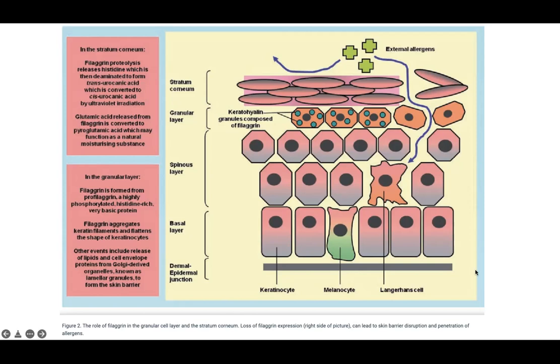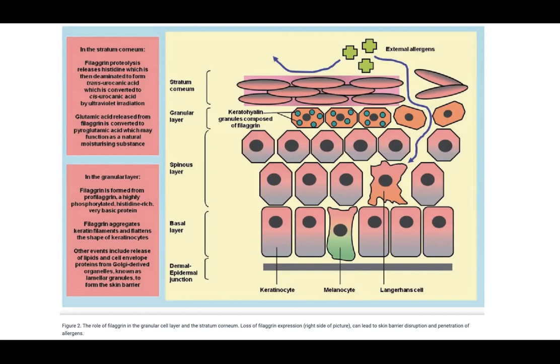I do want to mention that in the stratum corneum, filaggrin proteolysis releases histidine, which is then deaminated to form trans-urocanic acid. That trans-urocanic acid is converted to cis-urocanic acid by UV irradiation. The glutamic acid released from filaggrin is converted to pyroglutamic acid, which may function as a natural moisturizing substance.